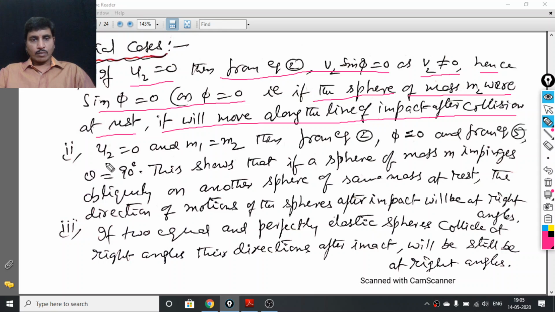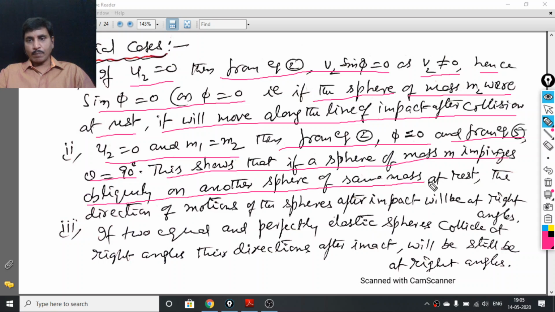Second case, if u2 is equal to 0 and m1 is equal to m2, then from equation 2 phi is equal to 0 and from equation 5 theta is equal to 90 degrees. This shows that if a sphere or particle of mass m impinges obliquely on another sphere of the same mass at rest, the direction of motions of the spheres after impact will be at right angles to each other.